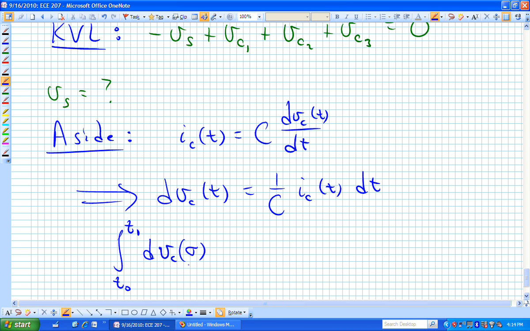So now it's going to be sigma. That's just a variable of integration. This is now equal to 1 over C, and 1 over C is a constant, times this integral from t naught to t1 of I sub C, and this could actually be something else, couldn't it? It could be an alpha, d alpha. It could be sigma. It's a variable of integration.